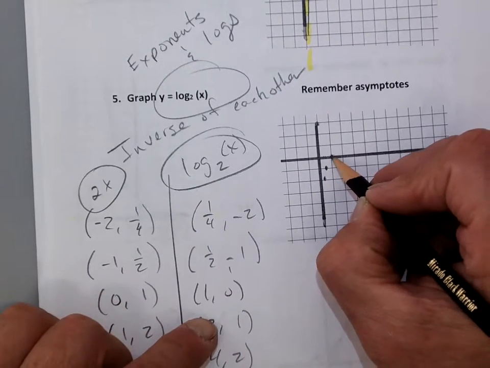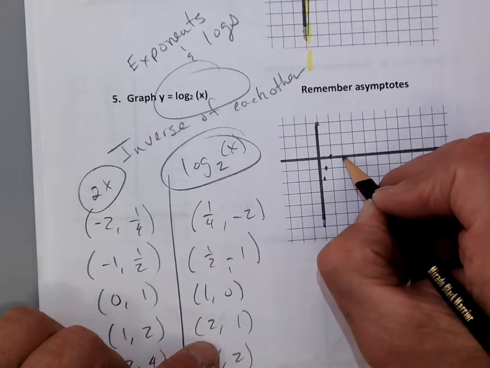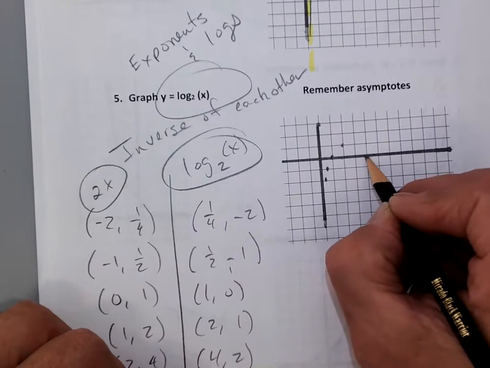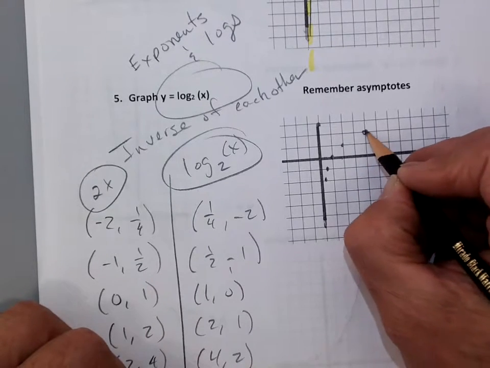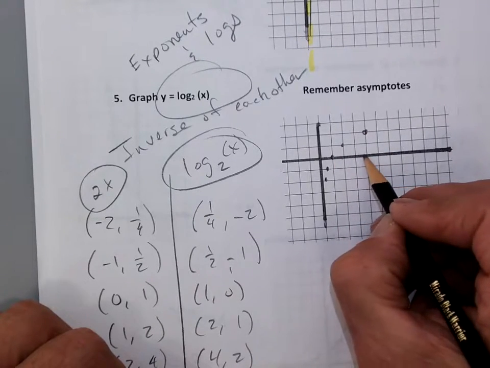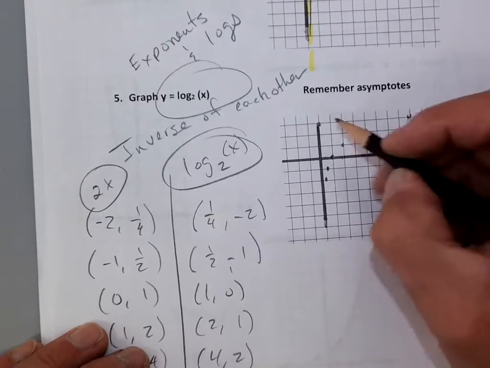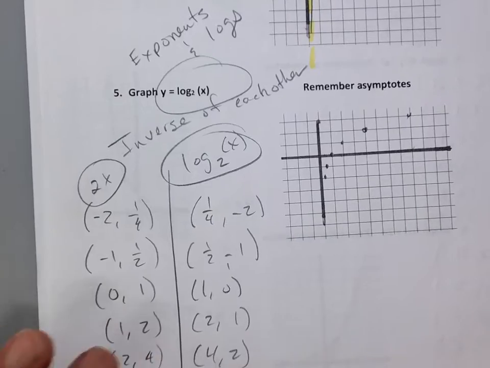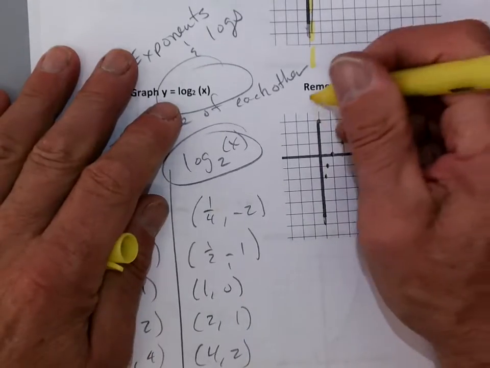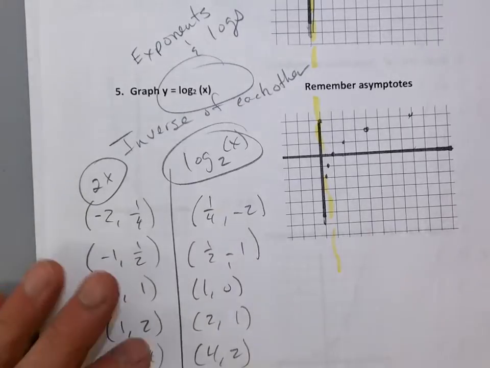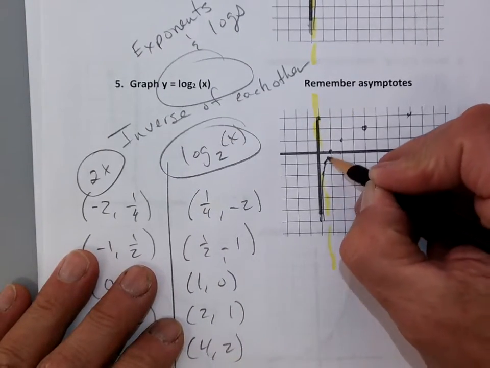I go over 1, 0, over 2, 1. If I go over 4, I go up 2. If I go over 8, I go up 3. Now we know there's an asymptote right here, okay? And so this is our graph right here.